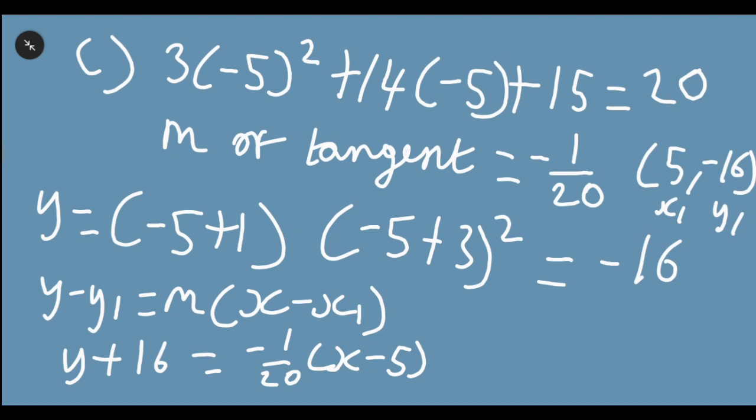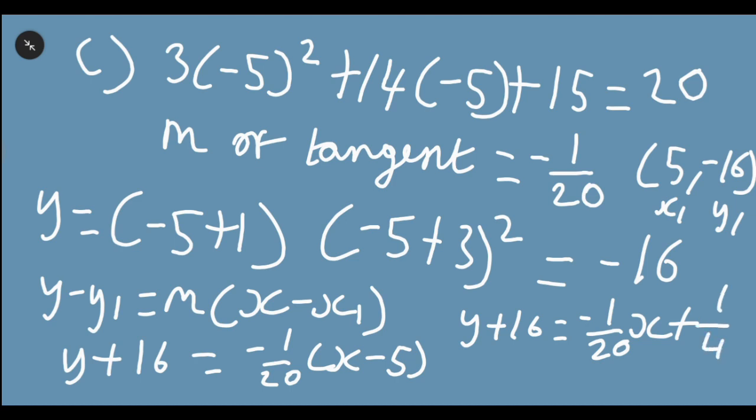which would equal to y plus 16 is equal to minus 1 over 20 x plus, let's have a look, minus 1 over 20 times minus 5 is plus 1 over 4.